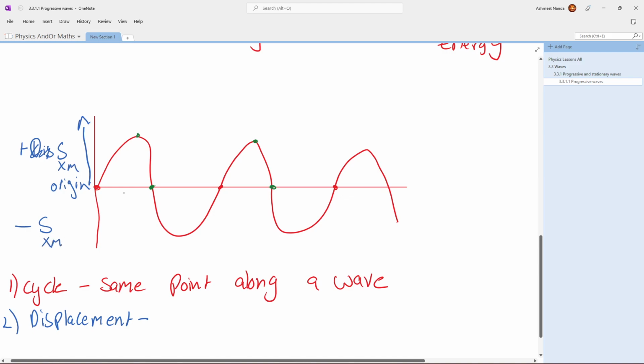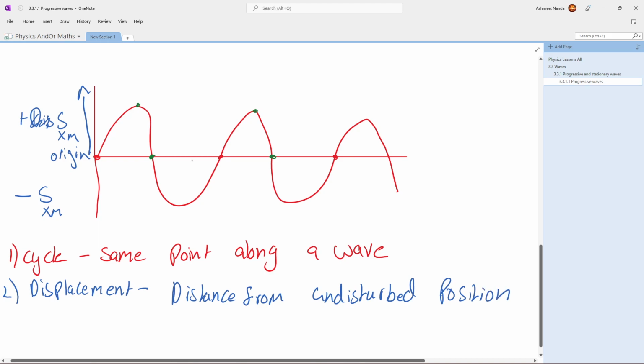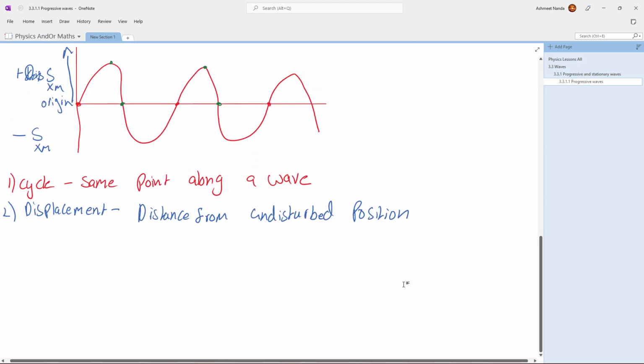It doesn't really matter. You just need to know what it is. Displacement is the distance from the undisturbed position. The undisturbed position is this baseline over here. That's the point where the wave is stationary, like there's no movement when it's over there. That's the undisturbed position, the original position, if you may. And that is what it looks like.